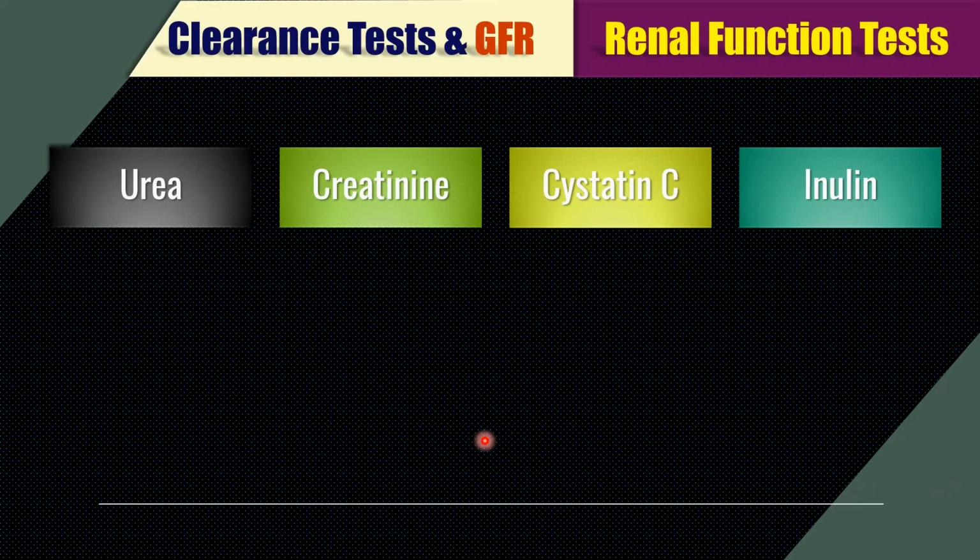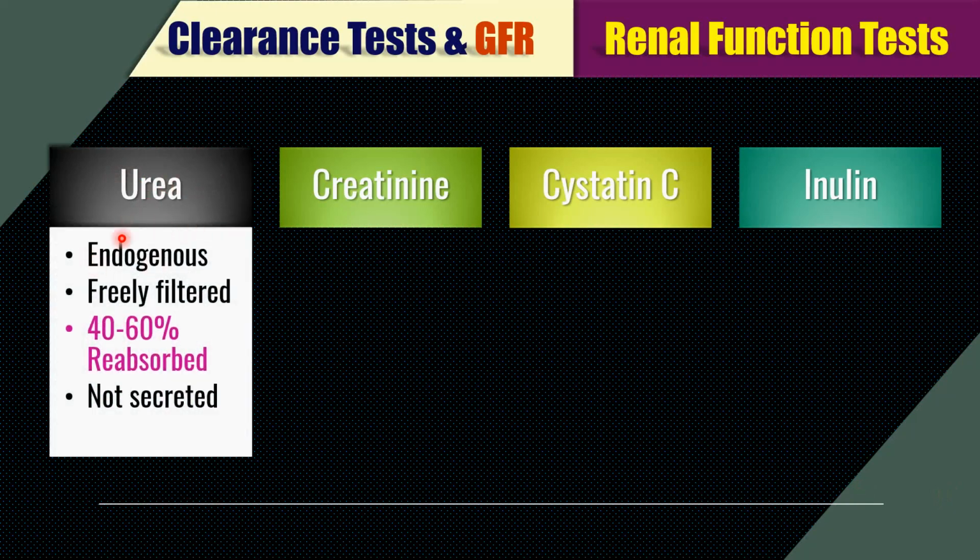First and foremost, we will see the urea clearance test. Okay, it is synthesized endogenously within the liver, and this urea is also freely filtered by the glomerulus. But the problem with urea is, whatever urea is filtered by the glomerulus, among this 40 to 60% is reabsorbed back to the tubular capillaries through the tubular cells.